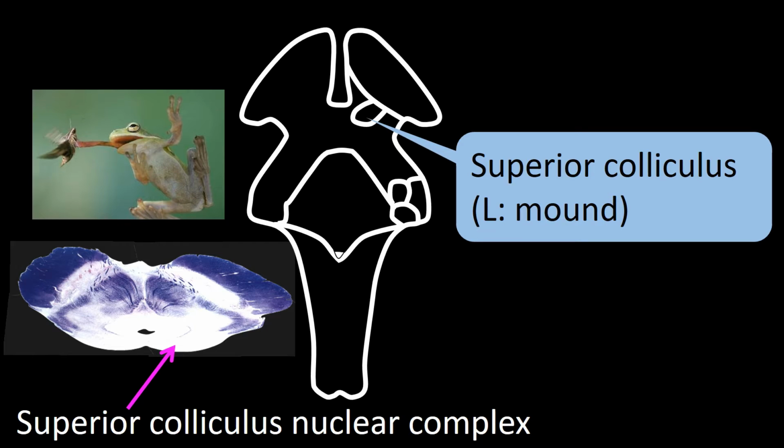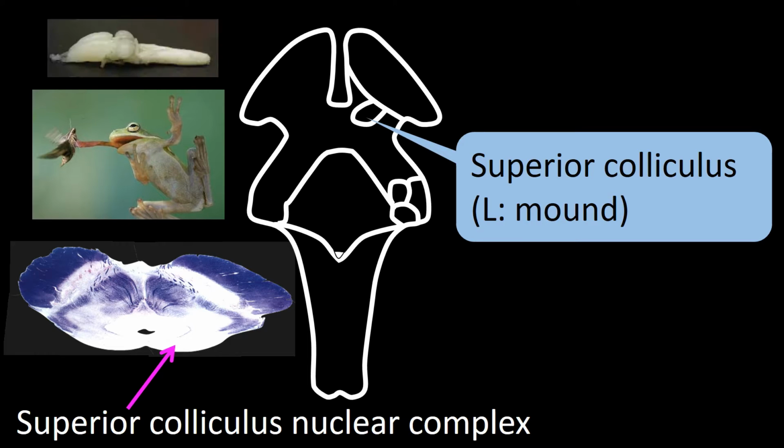The photograph of a frog getting a fly exemplifies the function of the superior colliculus in lower animals and how closely linked it is to movements, especially of the tongue in lower species.